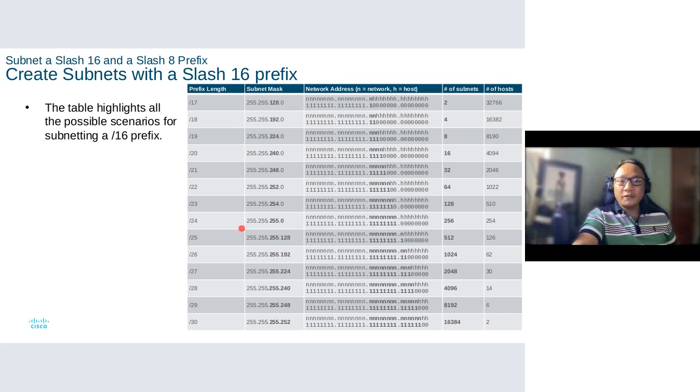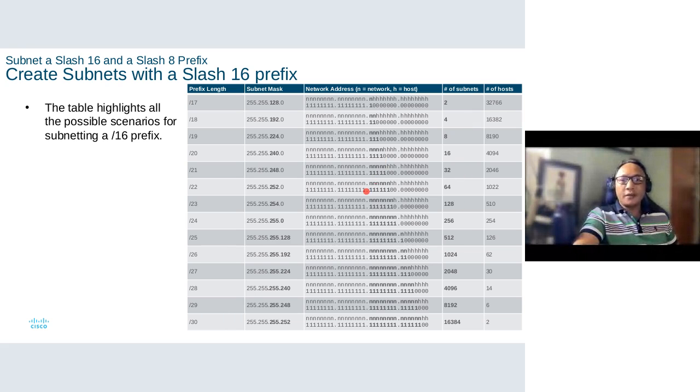So moving on, the title is to create subnet with a /16 prefix, right? And you can see here the table highlights all the possible scenarios for subnetting a /16 prefix. It's very small, so we might want to make it a little bit bigger.